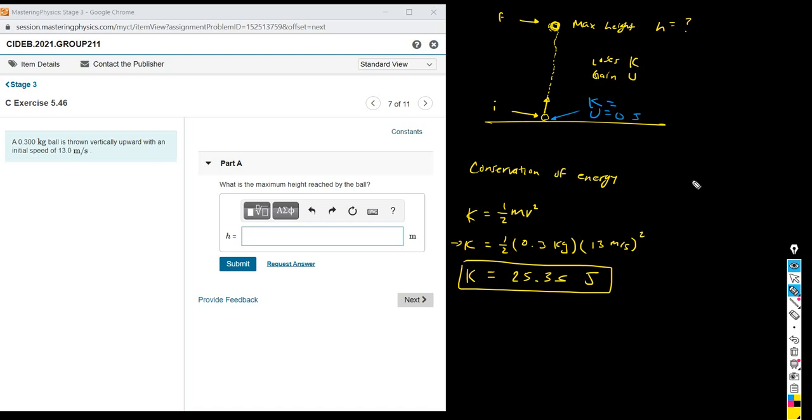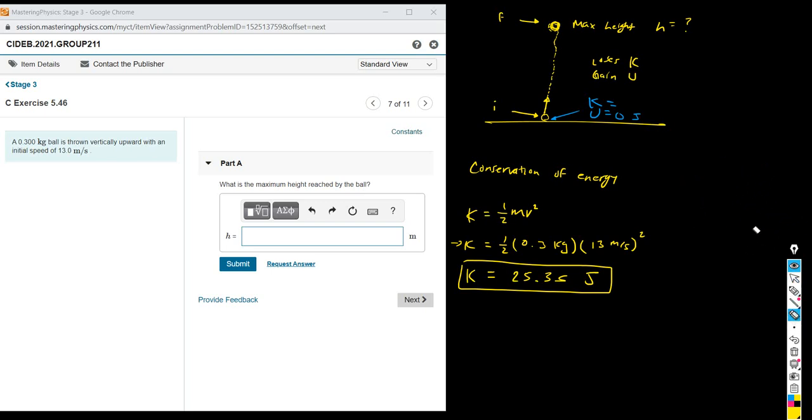If it loses 5 joules of kinetic energy, then it's gonna gain 5 joules of potential energy, so that the balance is 0. The balance of losses against gains is gonna be 0. That's how it works, guys.